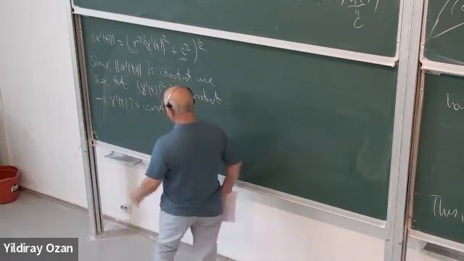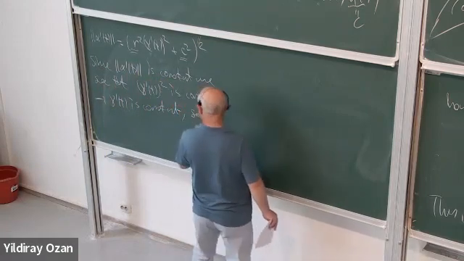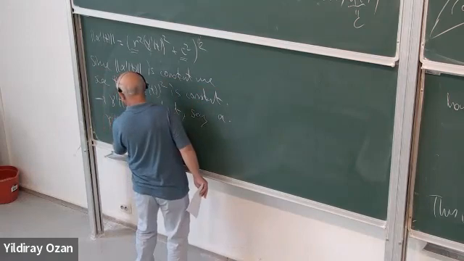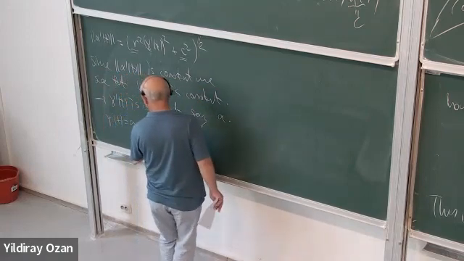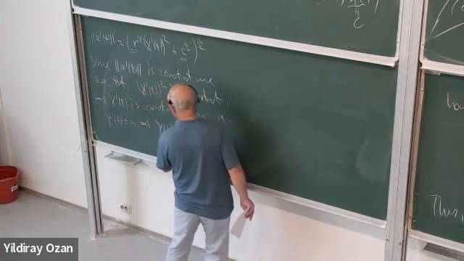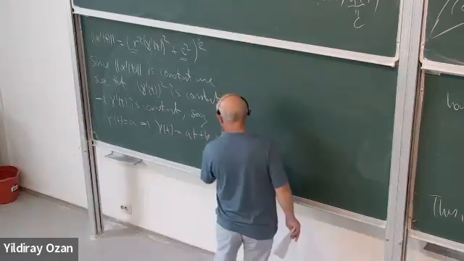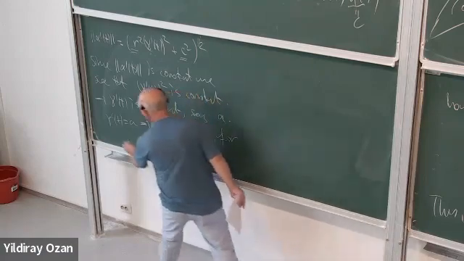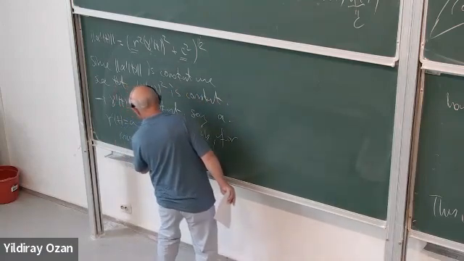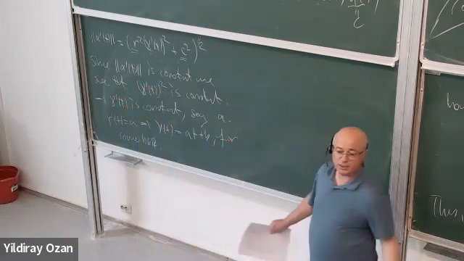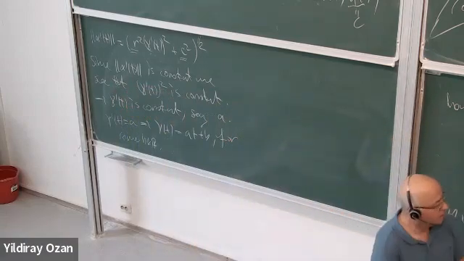Say this constant is a. So gamma prime t is equal to a, but this implies gamma t is just at plus b for some b. So gamma is just at plus b, okay?